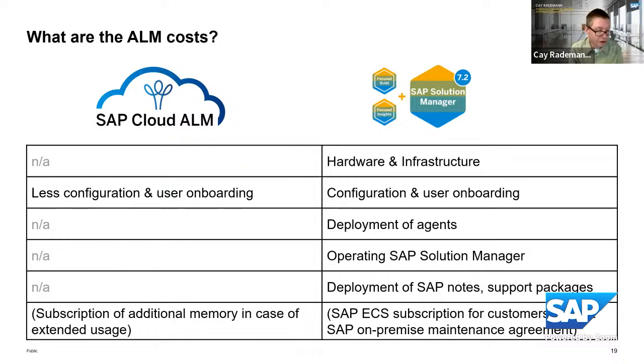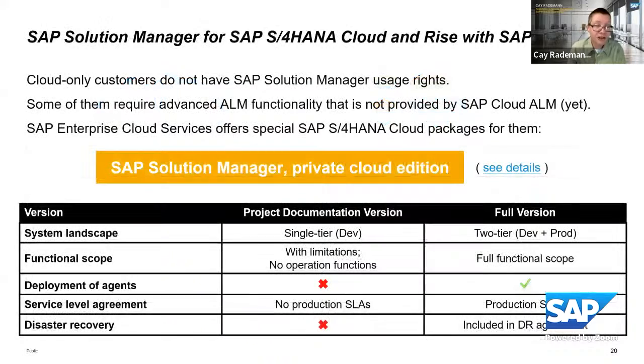And there is just one thing to add here, and these are special cases, especially if you are a cloud-only customer with SAP. If you have no on-premise maintenance agreement with SAP, then you do not have usage rights for SAP Solution Manager.